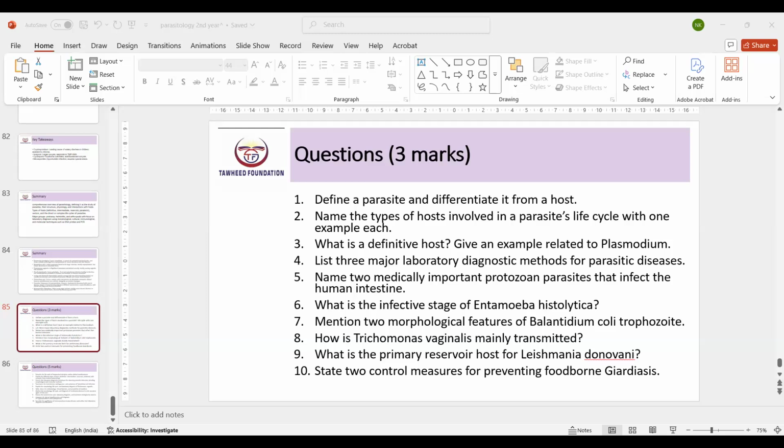So the parasitic nematodes are generally light cream white colored. The life cycle includes egg, larva and adult. The parasitic nematodes are divided into intestinal nematodes with tissue stage and intestinal nematodes with blood dwelling.